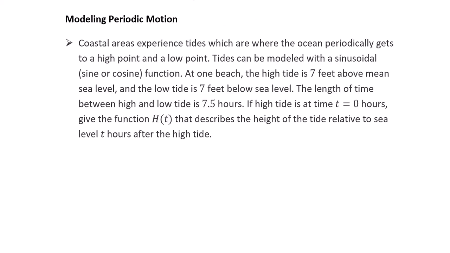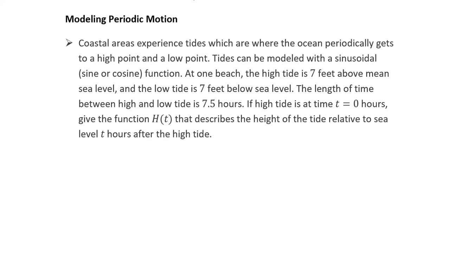Modeling periodic motion. Coastal areas experience tides, which are where the ocean periodically gets to a high point and a low point. Tides can be modeled with a sinusoidal sine or cosine function. At one beach, the high tide is 7 feet above mean sea level, and the low tide is 7 feet below sea level.